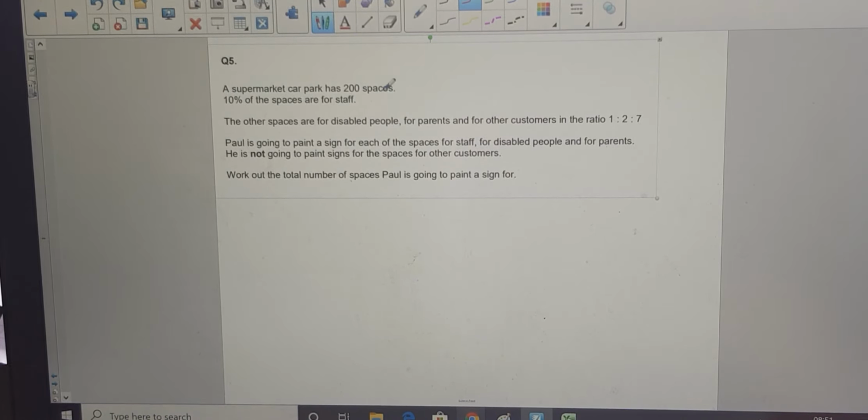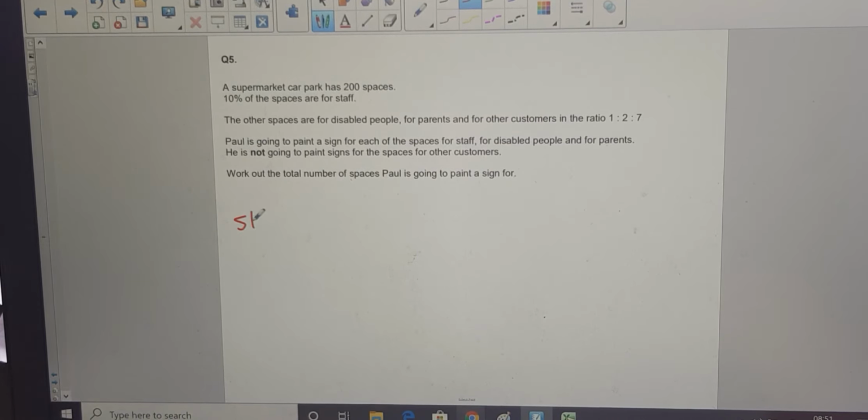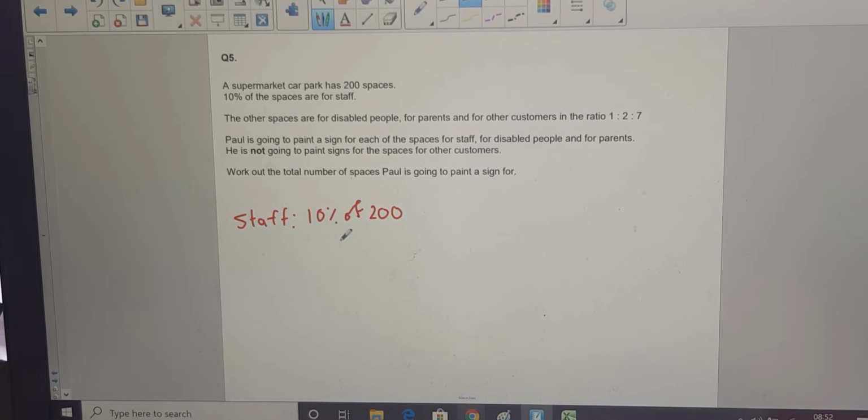So a supermarket has 200 spaces, 10% of those are for staff. So the total number required for staff is 10% of 200, which hopefully we recognise is 20.